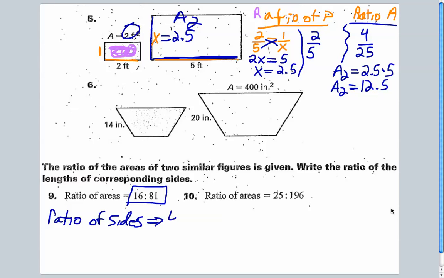So it's going to be 4 to 9, very similar to what we did up above. Same thing over here. If I've got the ratio of the areas, the ratio of the sides is going to be 5 to the square root of 196, which is 14.